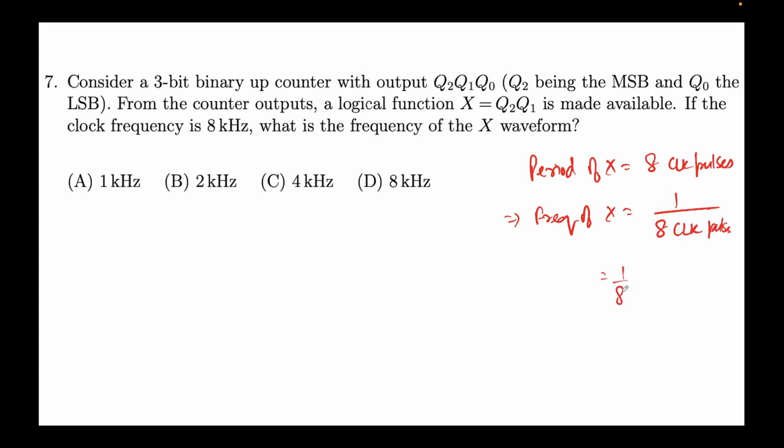I can write it as 1 over 8 divided by 1 over clock pulse, which is nothing but 1 over 8 times the clock frequency. Inverse of the clock period is nothing but the clock frequency, right? So this will be 1 by 8 times the clock frequency, which is given to us as 8 kilohertz. So the answer is 1 kilohertz, option A.